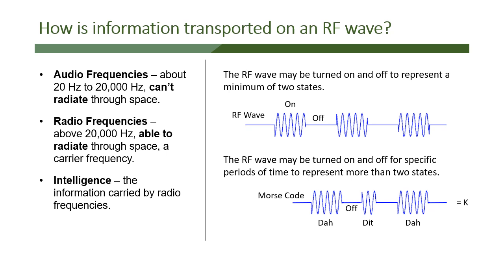So now, for example, we can use da, dit, da to represent a K, or dit, dit, dit, da to represent a V. So we have more complexity, or more intelligence, that we can send by simply turning the carrier wave on and off. And this is a very simple way of transmitting information from point A to point B.